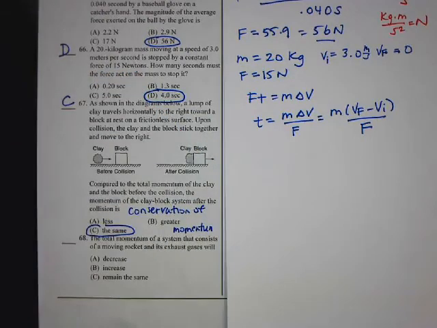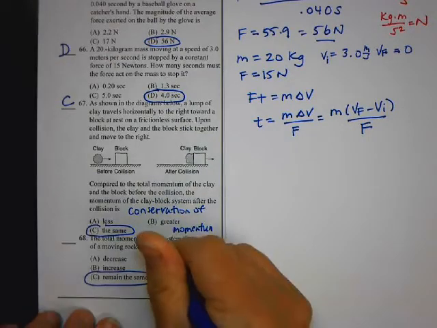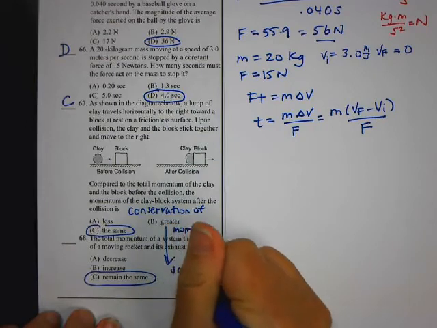All right, number 68. The total momentum of a system that consists of a moving rocket and its exhaust will remain the same because of, again, same thing, conservation of momentum.